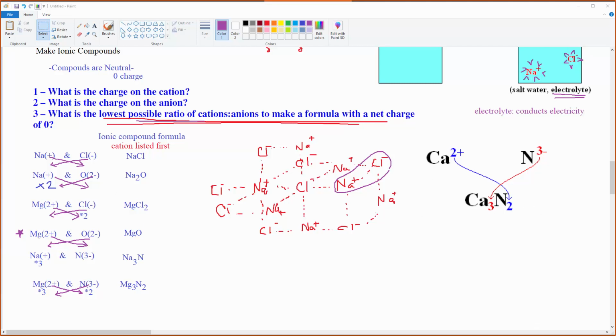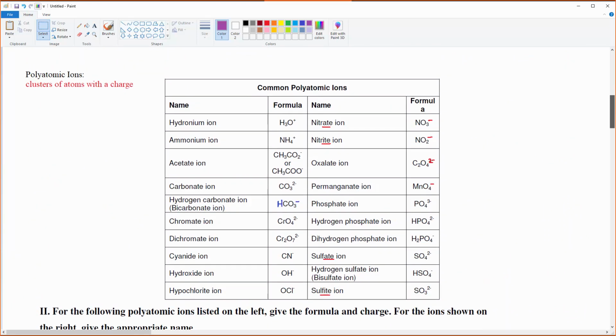But we can also do this with polyatomic ions. These are another type of ion that we're going to be using. So we can make ionic compounds with these together or even with other elements.